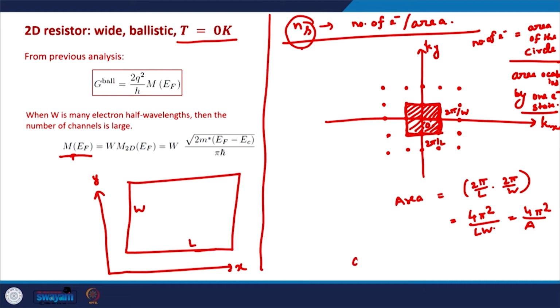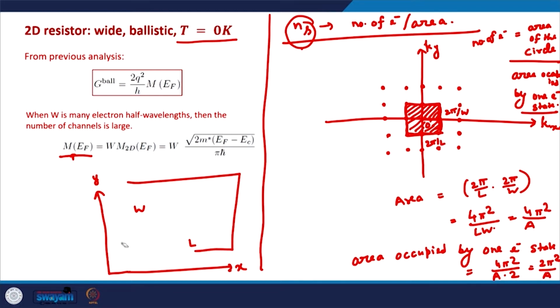So, the area occupied by one electronic state is 4 pi square by A by 2. So, it will be 2 pi square by A.